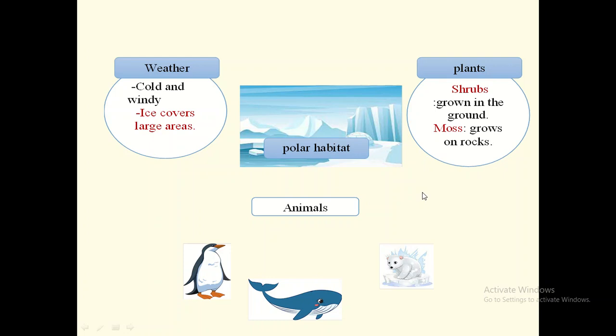Now we are going to talk about the first habitat we have, the polar habitat. The weather in the polar habitat is cold and windy. Ice covers large areas.